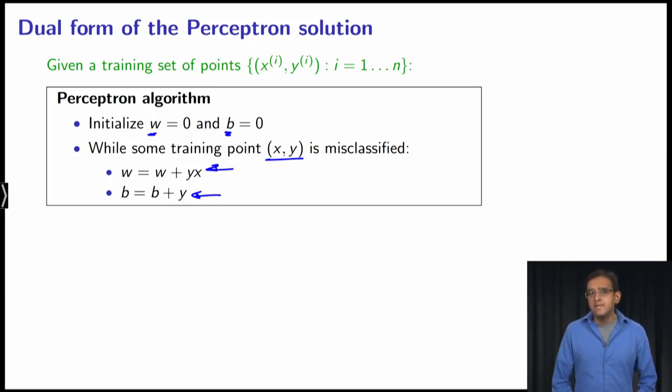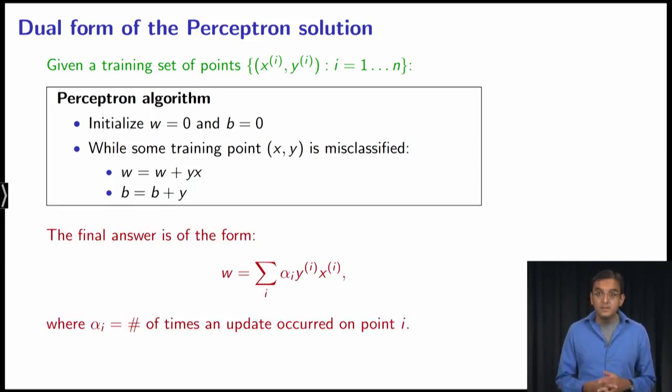Now what this means is that the final answer, w, is of a very simple form. Here it is. The final answer is just the sum over all data points of yi xi times the number of times we updated on that data point.